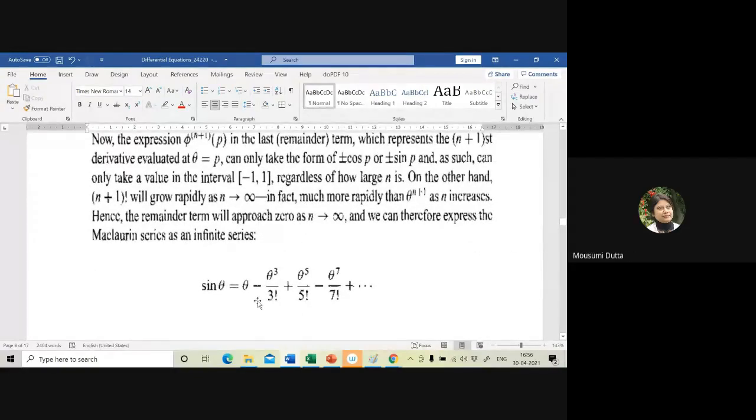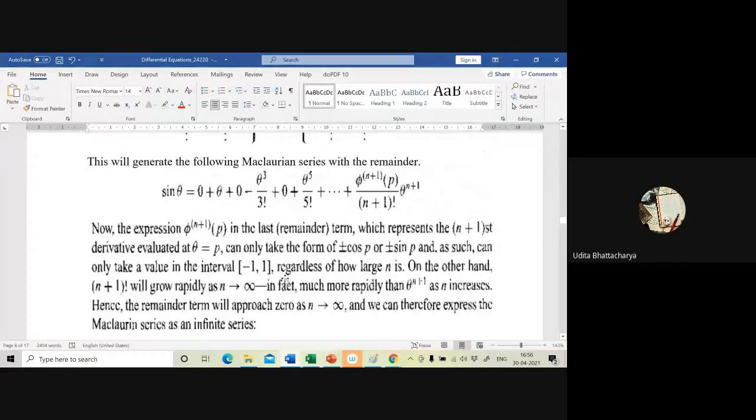Ma'am, is there any rule that factorial grows faster than exponential? Yes, this mathematically will always happen. You consider any numerical value and try it, you will understand. Okay, take n is equal to 5, say.